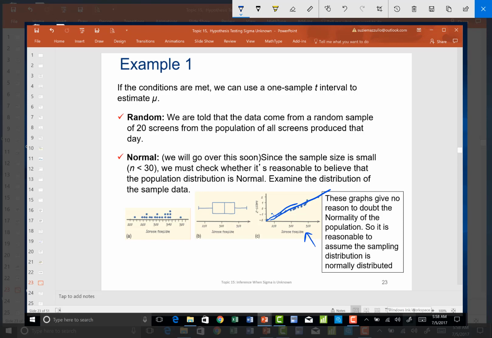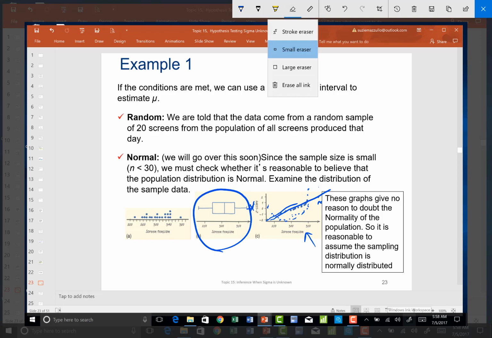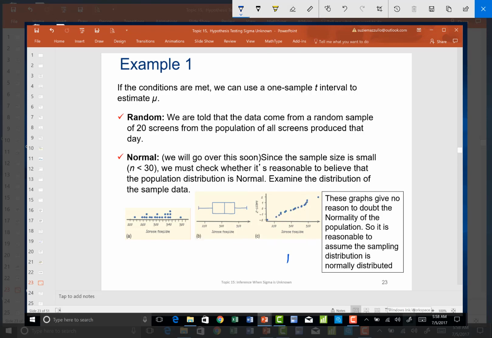Sometimes the data will look like this: it will have some strange bow to it, or you'll have data points way far away that could be outliers. That's why we do a box plot, to make sure we don't see any outliers. So the normal probability plot tells us there are no deviations from normality, and the box plot ensures there aren't any outliers.